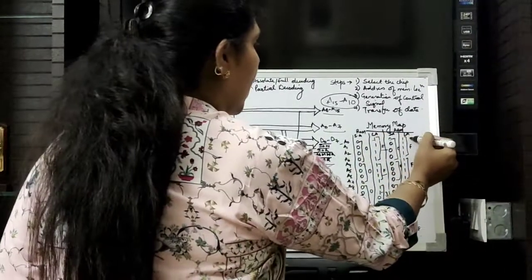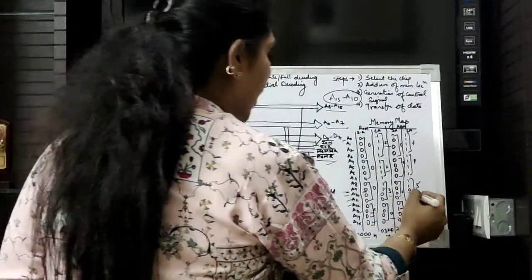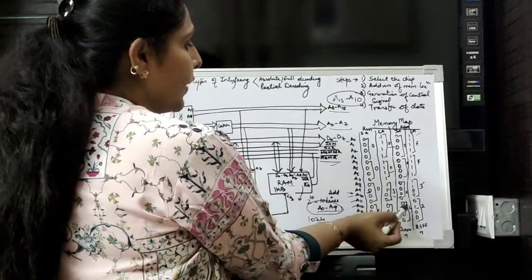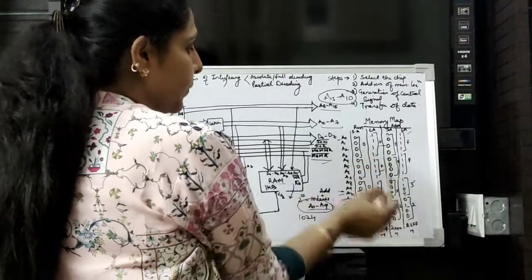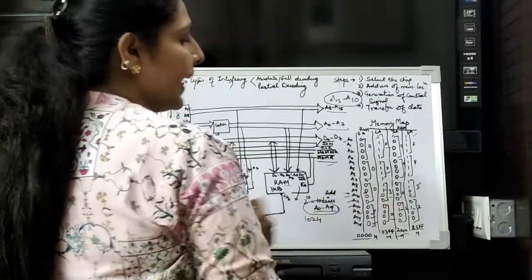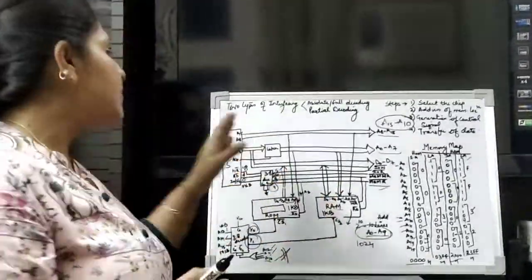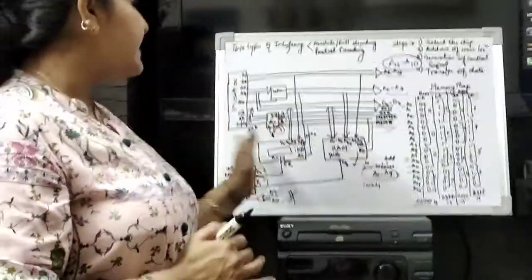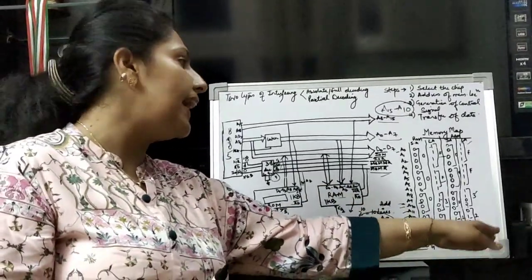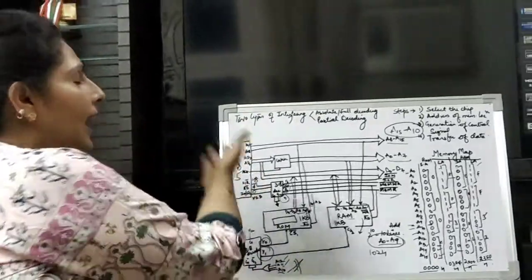Similarly for the last address, all A0 to A9 are 1, the rest 0, and A13 is 1. Using this, we have 2000H to 23FFH. This is the memory map of RAM used in this example: a RAM of 1 KB uses 2000 to 23FF.